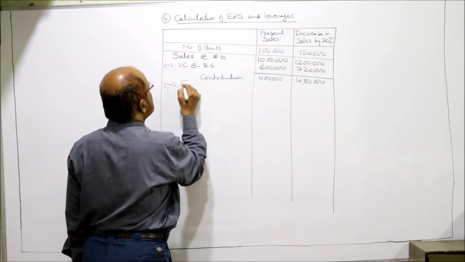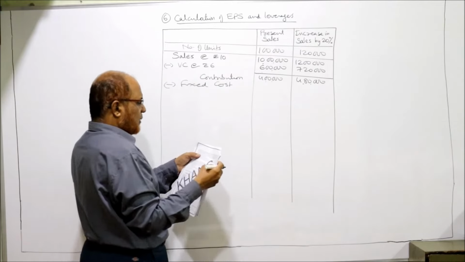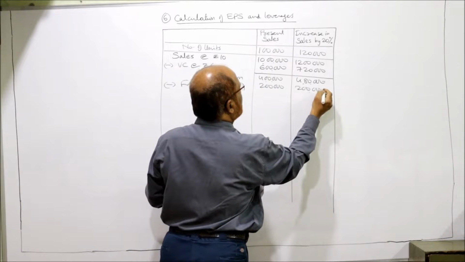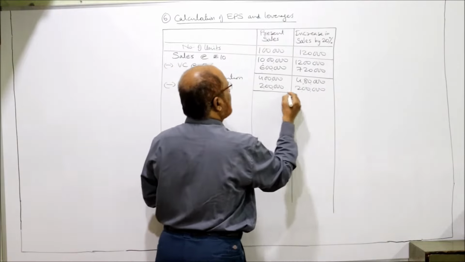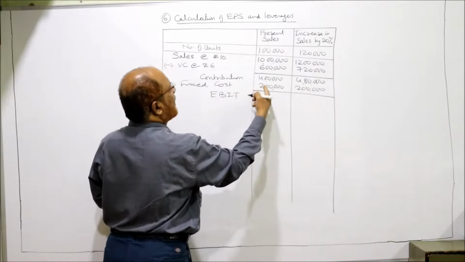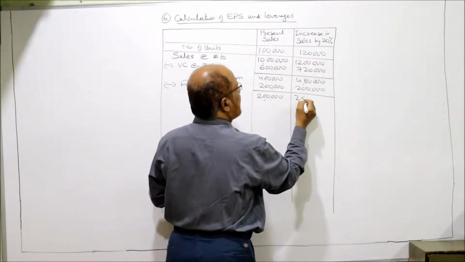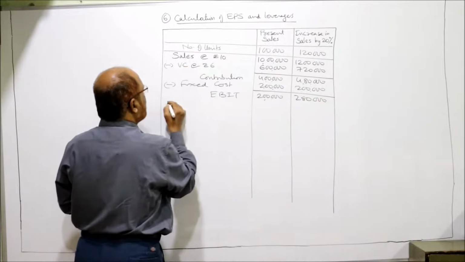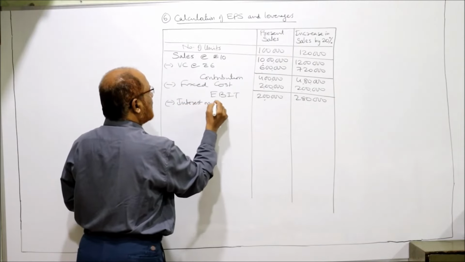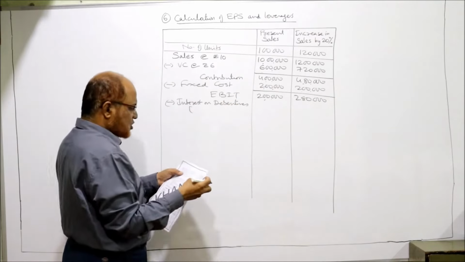Less fixed cost. The fixed cost is given in the problem as 2 lakh. The fixed cost will remain same, whatever be the level of activity. EBIT, 4 lakh minus 2 lakh, 2 lakh. 4 lakh 80 minus 2 lakh, 2 lakh 80,000. From EBIT we deduct interest on debentures.